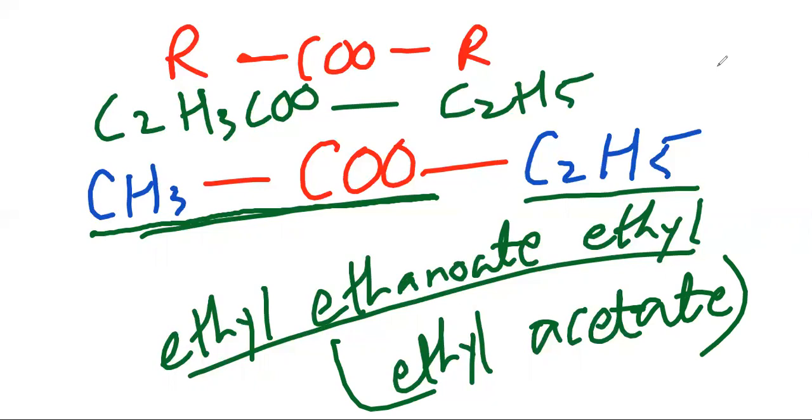You will be learning the preparation methods of ethyl acetate or ethyl ethanoate, its properties, and then its uses. Its uses are for paints, varnishes, oils, fats, gums, resins, cellulose. These all are the uses. So I think that's it from this chapter.